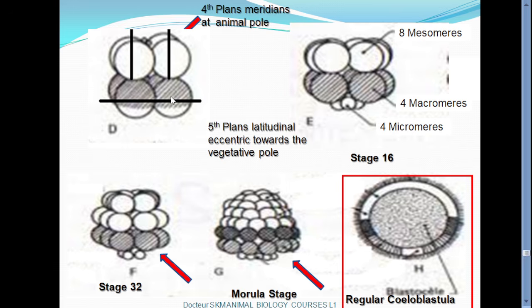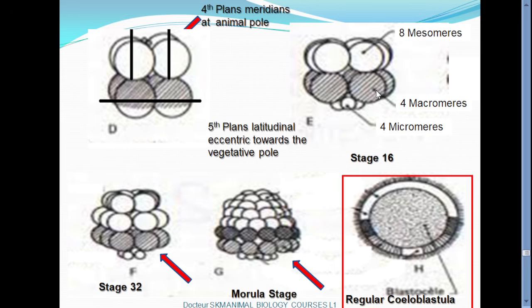Here in the vegetative pole we obtain 4 big cells and 4 small cells. The big ones are called macromeres, and the small ones are called micromeres. So we obtain 8, but the 8 are not equal.